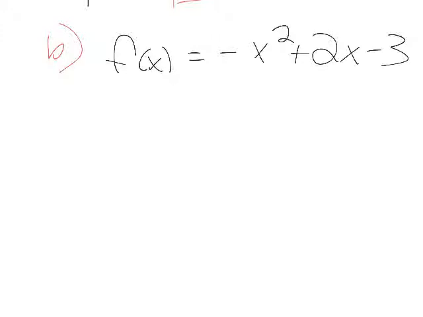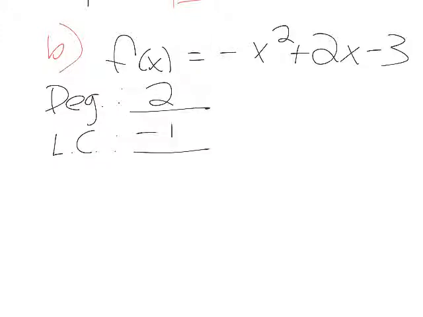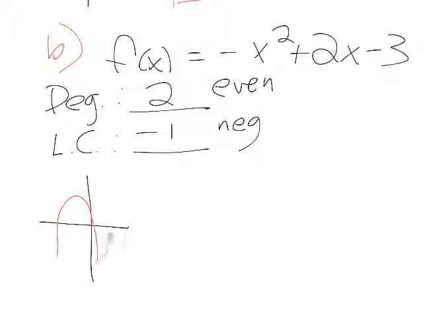We have a degree, I'll abbreviate, of 2, and we have a leading coefficient of -1. So I've got even and I've got negative. Even means they go the same way. Negative means they both go down. So if you were to graph it, this of course is a parabola shape, and this is not going to be exactly where it's supposed to be, but this is the shape that you would get, both ends going down.